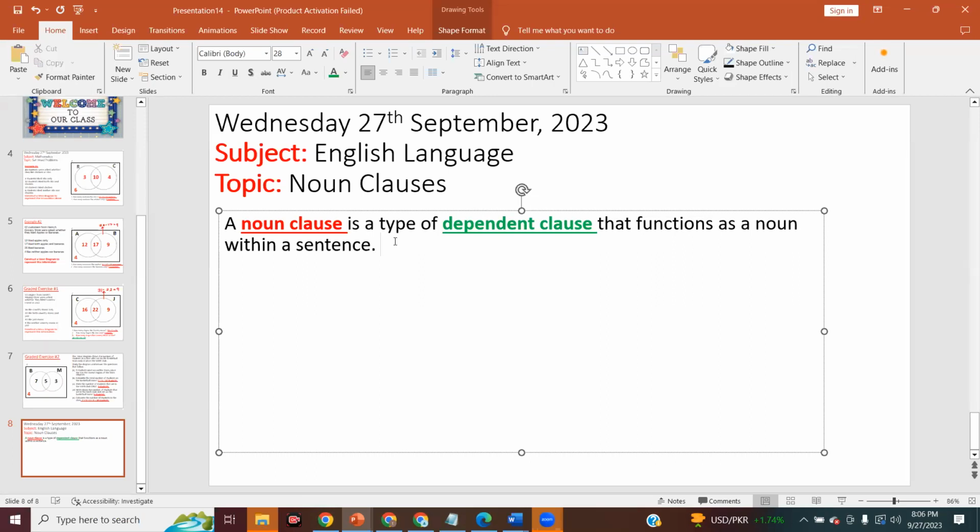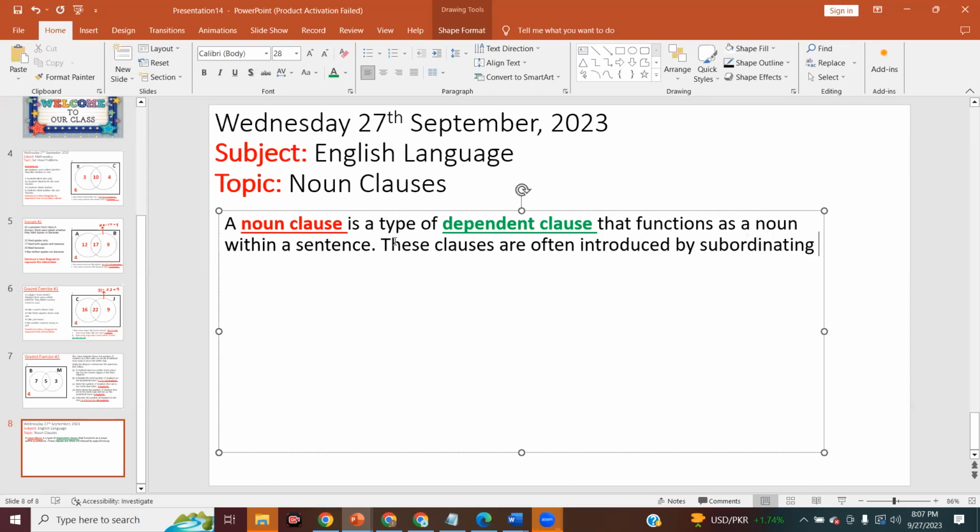All right. So these clauses are often introduced by subordinating conjunctions.